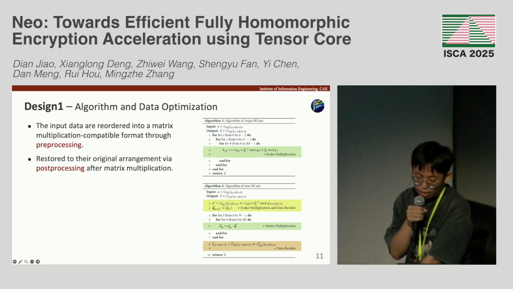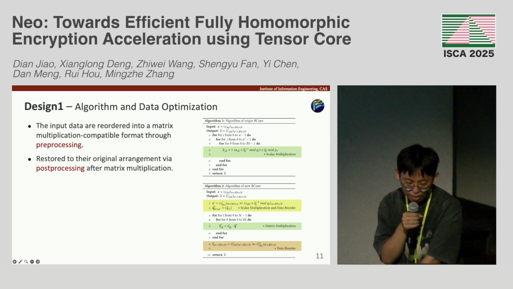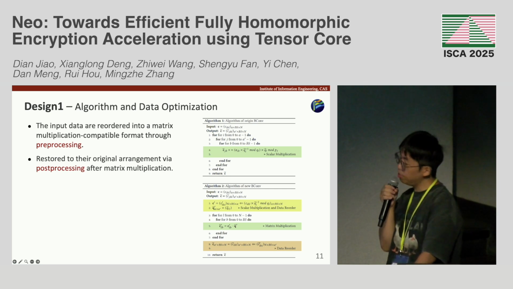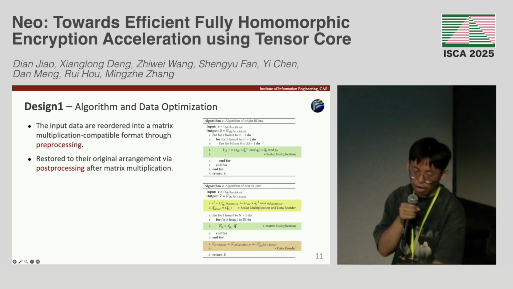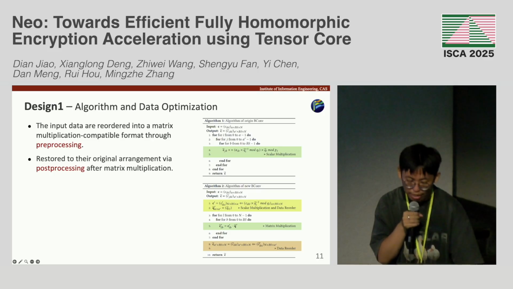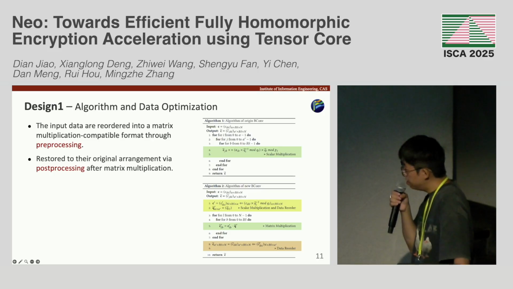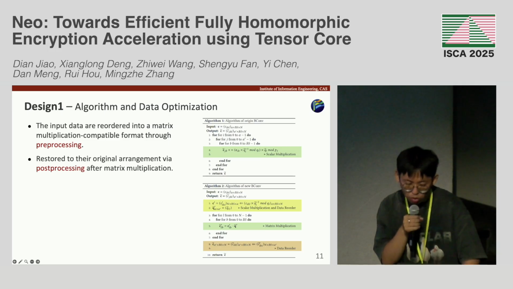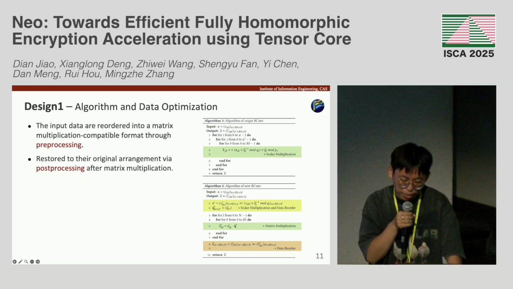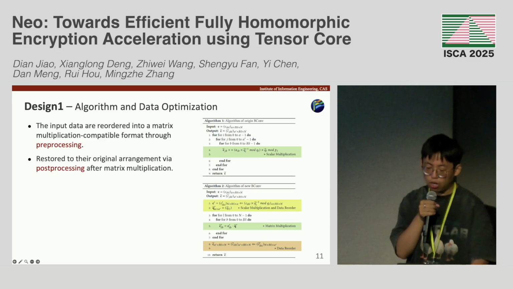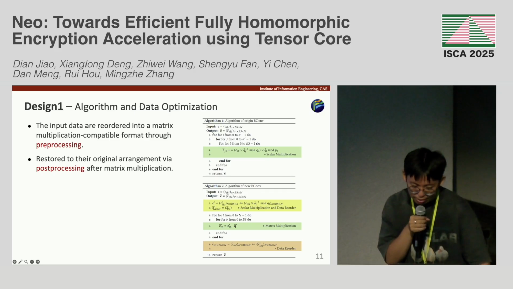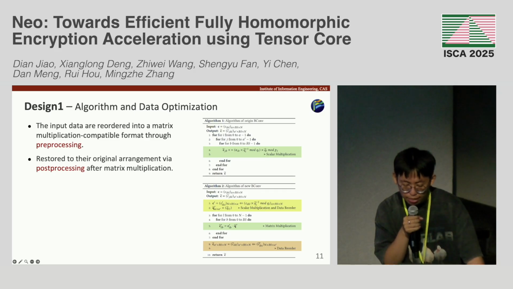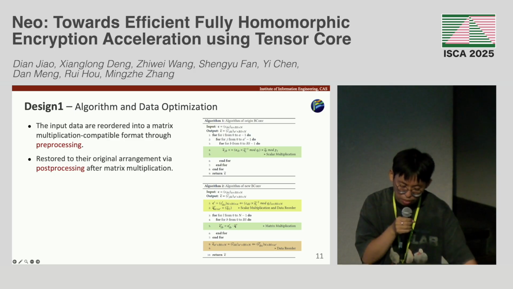Specifically, in terms of algorithm transformation of base conversion, we reorder the input data from the original alpha times batch size times n format to n times batch size times alpha. We then perform matrix multiplication with an alpha times alpha prime base conversion matrix. This allows all data to participate in the required computations in a single matrix multiplication.